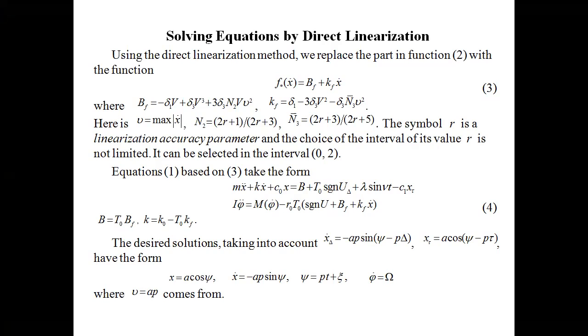The desired solutions, taking into account the next relations, have the next form, where V is equal to AP.